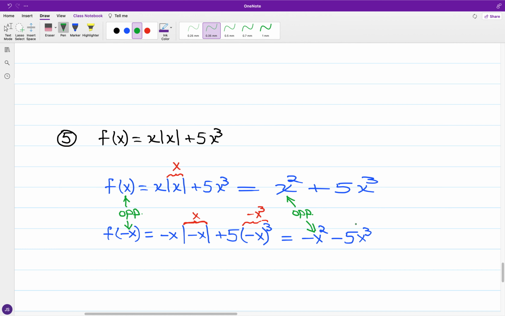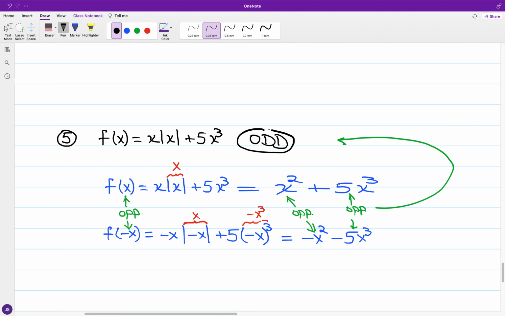And guess what? 5x cubed and negative 5x cubed. These are opposite. So if opposite sign inputs lead to all the terms in the output being opposites, that means that for that particular function, this is going to be odd. Again, opposite sign inputs lead to opposite sign outputs. So number 5 is going to be an odd function.